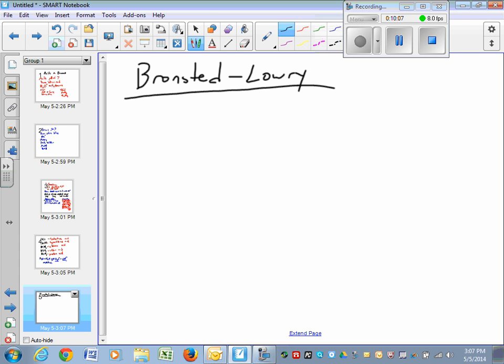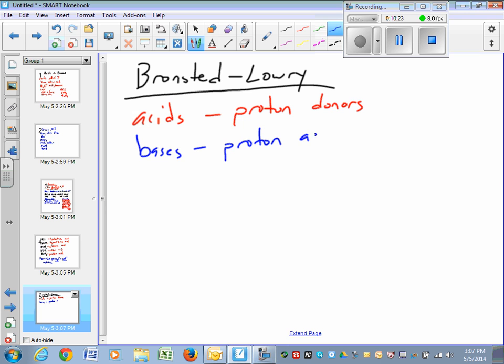Bronsted and Lowry said everything had to do with protons. So they define acids as proton donors. And bases are proton acceptors.